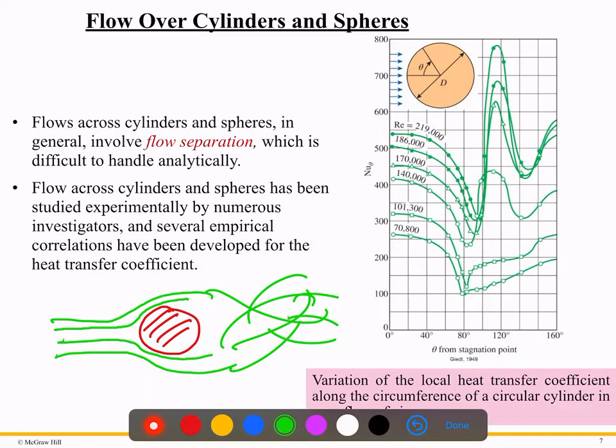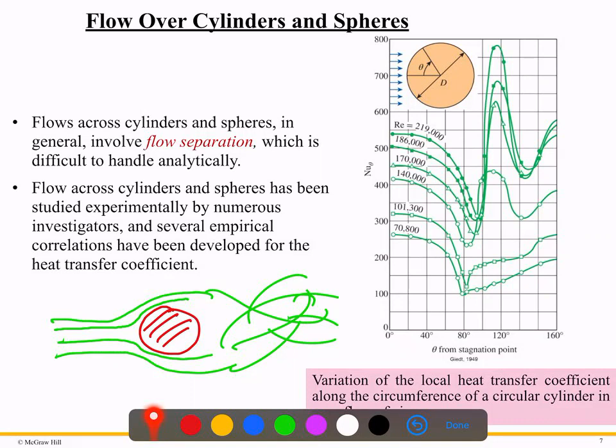So for a cylinder or sphere, whatever it is, the flow separation and the flow mixing is a complex phenomenon, and we actually need to solve some problems in real life. So we need to calculate the heat transfer associated with this phenomenon.